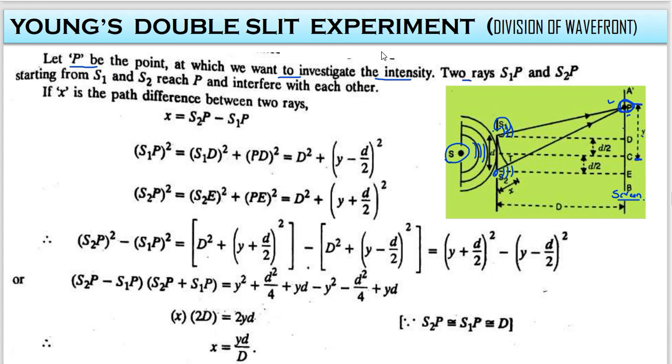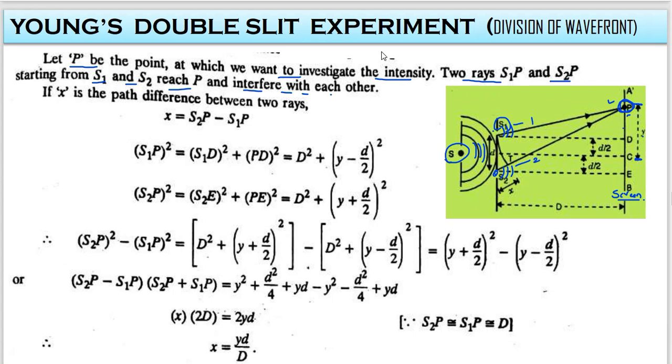Two rays S1P and S2P, starting from S1 and S2, reach P and interfere with each other. This is the first ray S1P, and this is the second ray S2P. The two rays interfere at P.